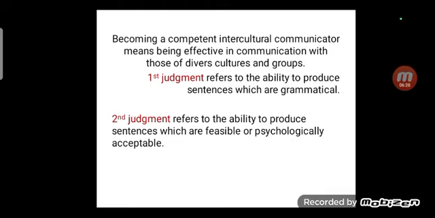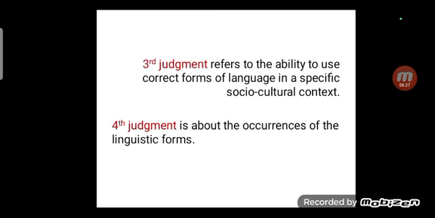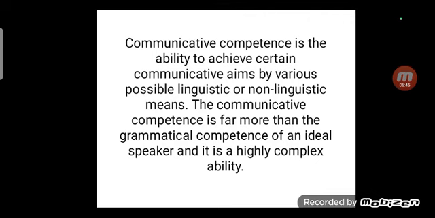Second, judgment refers to the ability to produce sentences which are feasible or psychologically acceptable. And third, judgment refers to the ability to use correct forms of language in a specific sociocultural context. And fourth, judgment is about the occurrences of the linguistic forms. And communicative competence is the ability to achieve certain communicative ends by various possible linguistic or non-linguistic means.